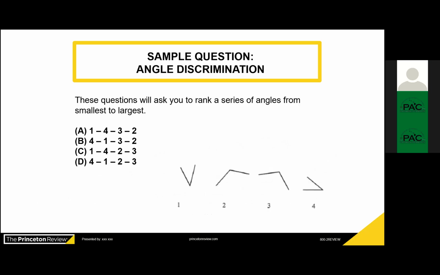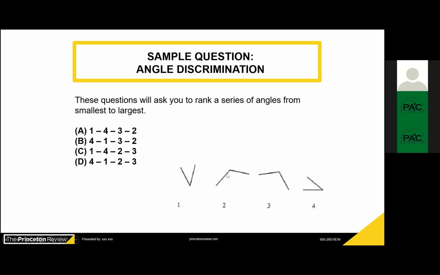And then angle discrimination. I was corrected recently that in the past, you could actually use a piece of paper to measure these, because this looks really difficult to discern between 2 and 3. But now they've let go of that. They've become more strict, I guess you could say.